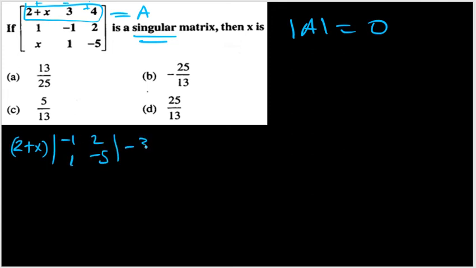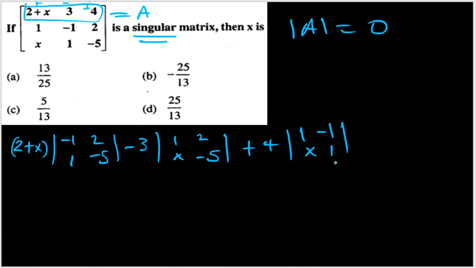Then minus 3, cancel the second column in the first row, what remains? 1, x, 2, negative 5. Then plus 4, the last column in the first row is cancelled: 1, negative 1, and x, 1 remain.